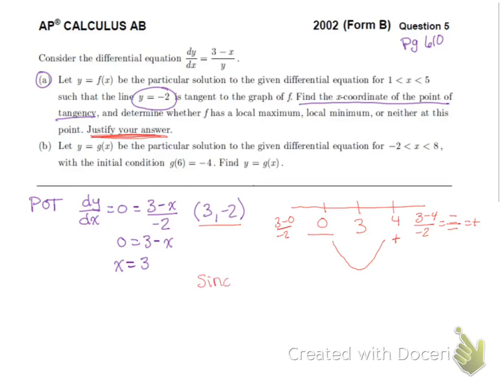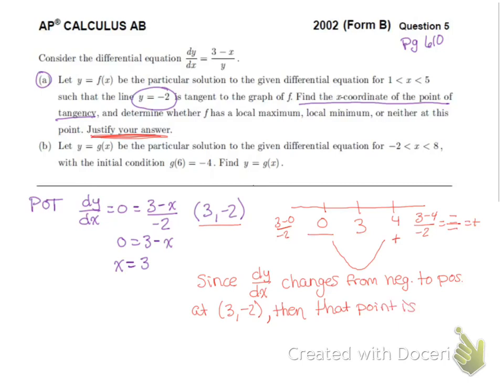So since dy/dx changes from negative to positive at (3, -2), then that point is a minimum. Okay, so that's just to get you started on this one.